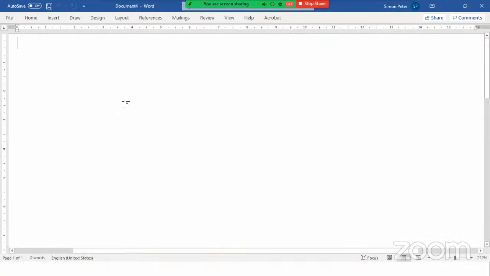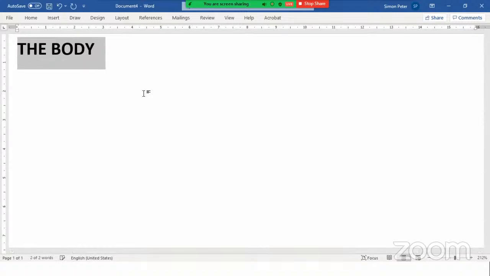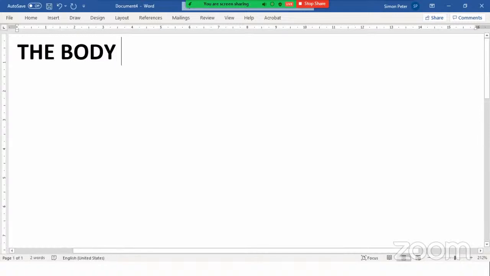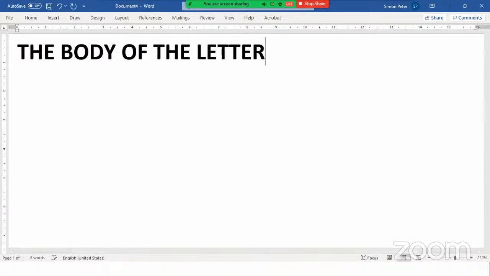So the body of the letter. The body of the letter can be grouped into 5, categorized into 5 groups.